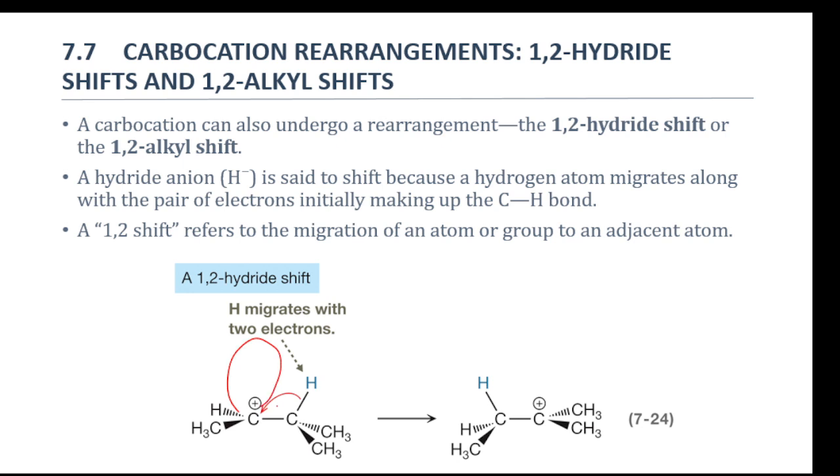Now, this right here was that sp3 orbital, wasn't it? Okay? They're right next to each other. So when you have this positive charge and have these electrons there, they're going to be pulled over this entire time, right? And so these things are going to rearrange quite often, actually. And what you're going to see is that this hydrogen is going to have its electrons pulled over, and it's going to move with them.